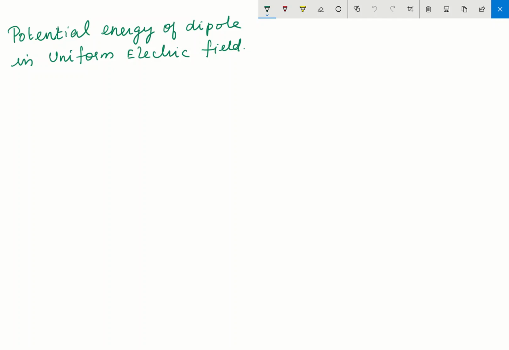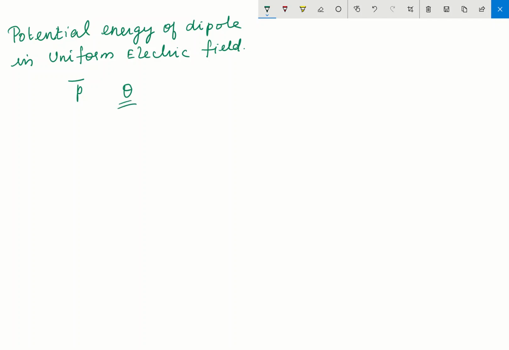Consider, for example, a dipole with electric dipole moment P, kept at an angle theta with the direction of a uniform electric field E. Therefore, the angle between E and P is theta.